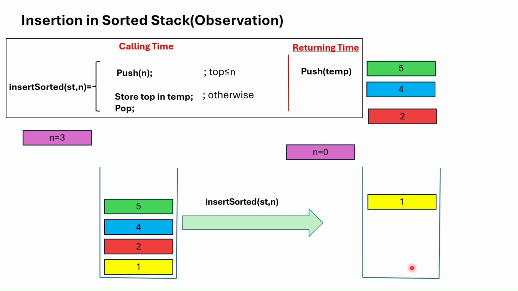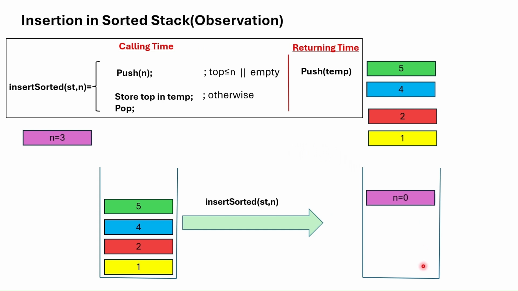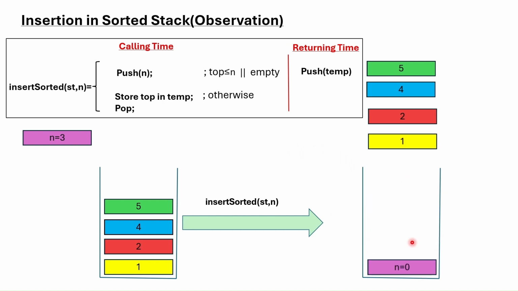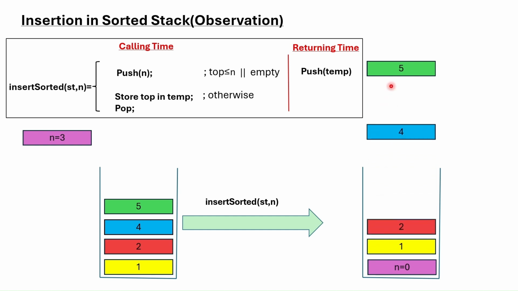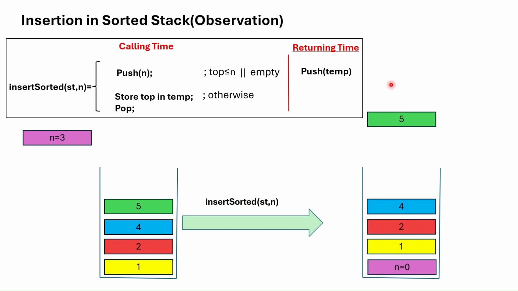No, we pop. Is the top less than n? Wait, there is no top. So we need to add one extra condition over here, that is, if the stack is empty, then we push. So we will push, and then we will push this 1, push this 2, then 4, and then 5.